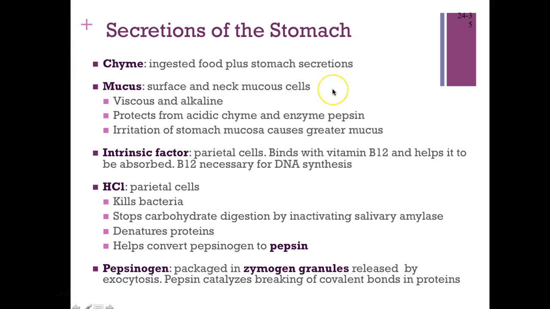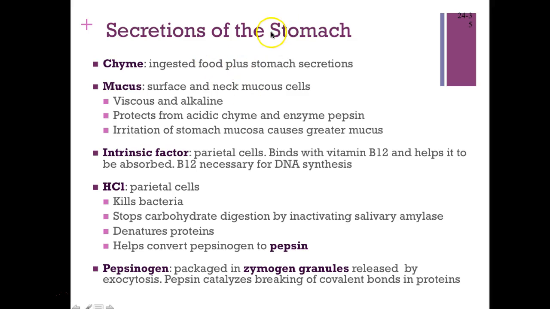We mentioned a lot of mucus will be secreted from those mucous neck cells, and that'll be viscous and also alkaline, which will be good to kind of limit the acidity within our stomach because we don't want ulcers taking place.